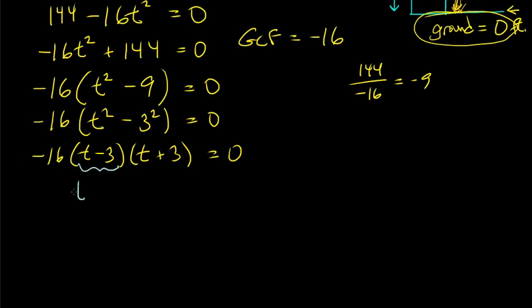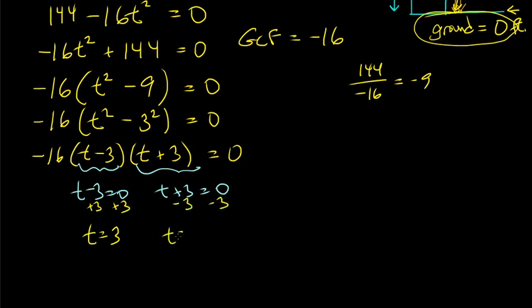T minus 3 equals 0, or t plus 3 equals 0. So when you solve t minus 3 equals 0, you add the 3 to both sides, and that gives us t equals positive 3. For the other equation, you subtract 3 from both sides, giving us t equals negative 3.